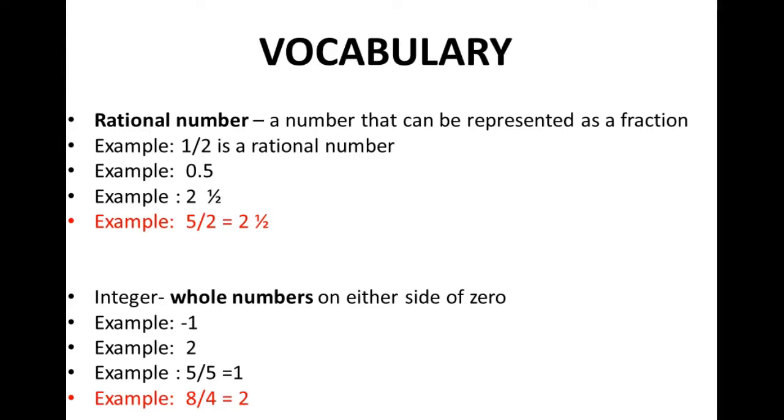The reason why 8/4 is not considered the same as a rational number above, which is 5/2, is because when you simplify it or you go ahead and divide 8 by 4, you get an integer of 2. When you look at the rational number 5/2, you get a mixed fraction of 2.5. So this is how you can separate the two between integer and rational.